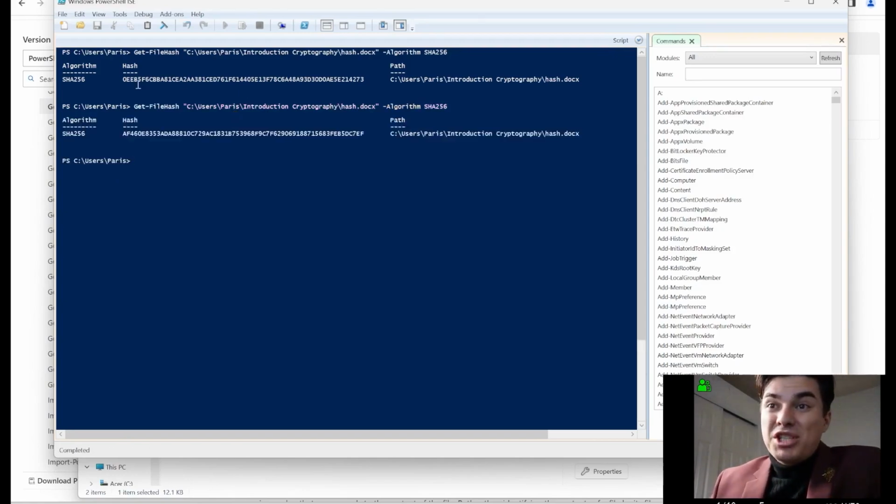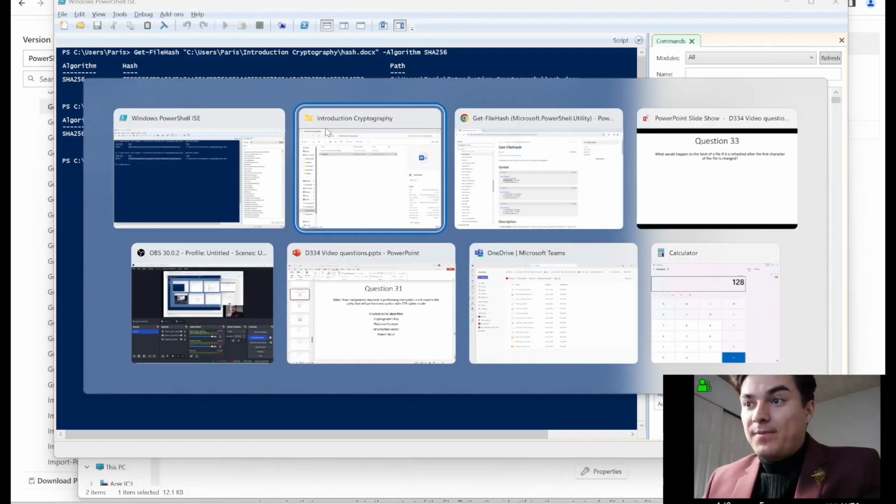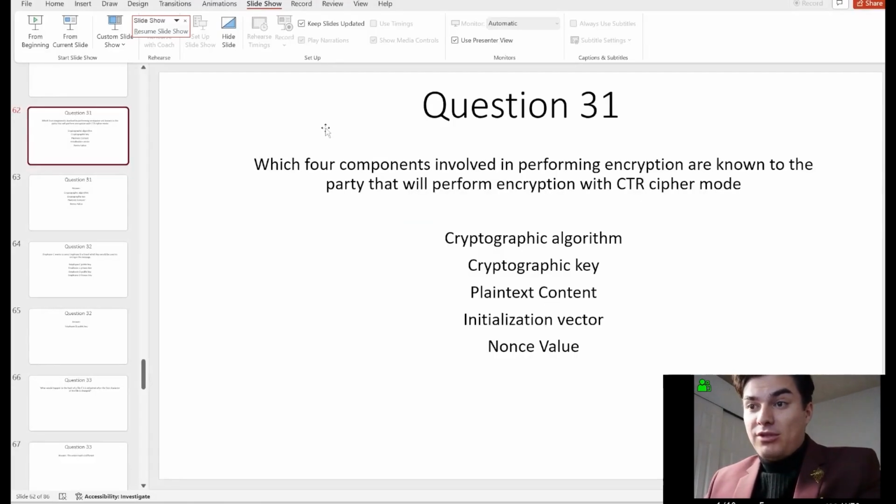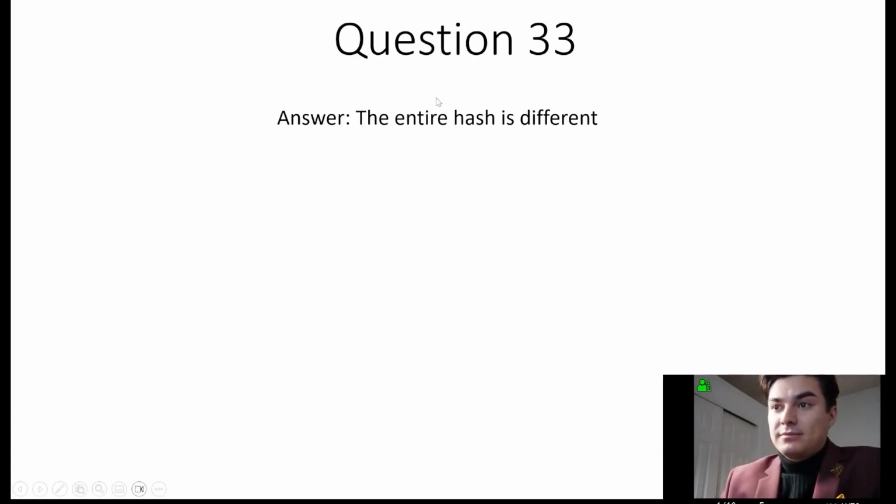As you can see, we changed only the first character, we put a space, and the hash outputs a completely different output. So if you change just one character, the hash is going to show a completely different answer. Okay, so the answer is the entire hash is different.